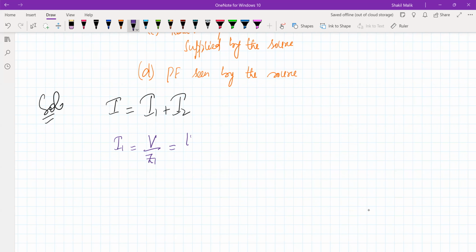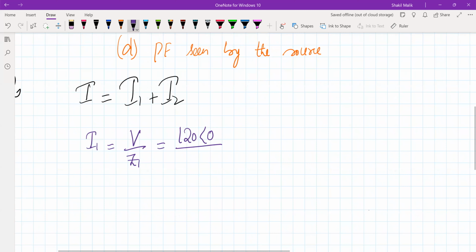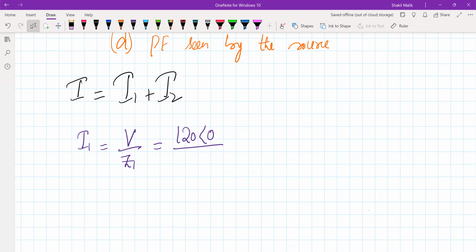V is 120 at an angle of 0 degrees divided by Z1, which is 60 at an angle of minus 30 degrees. Simplifying, 120 divided by 60 is 2, and 0 minus minus 30 becomes plus 30 degrees.